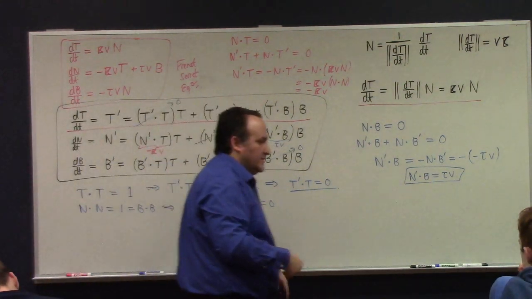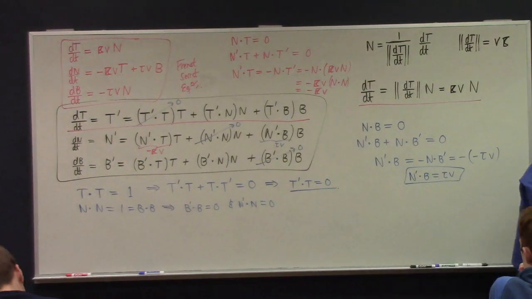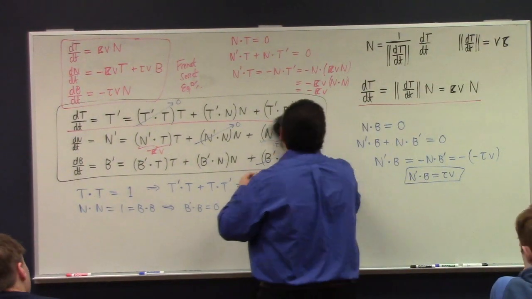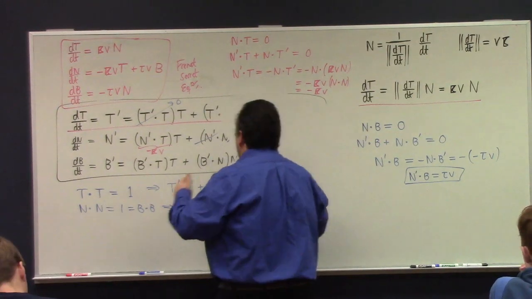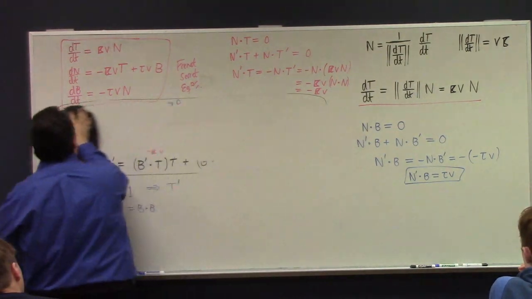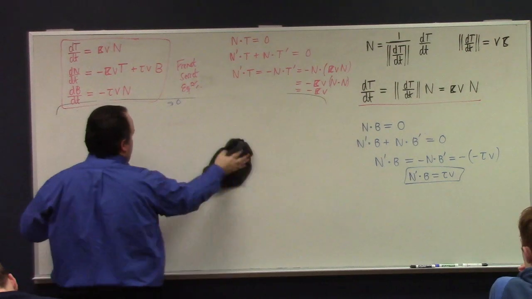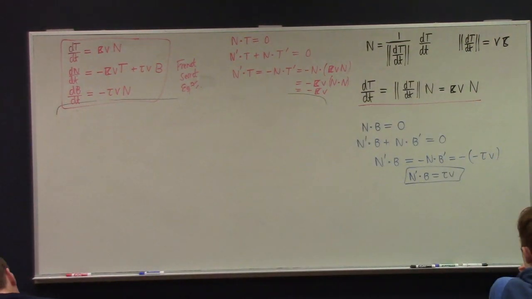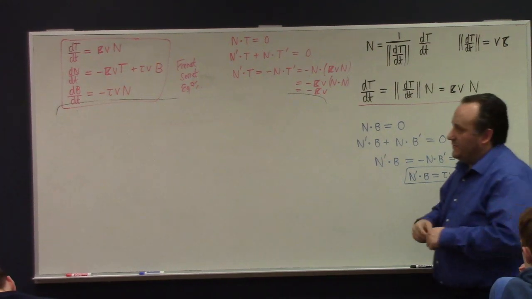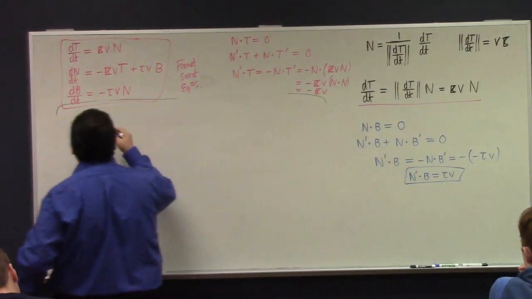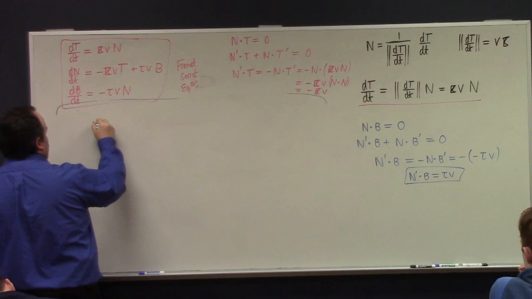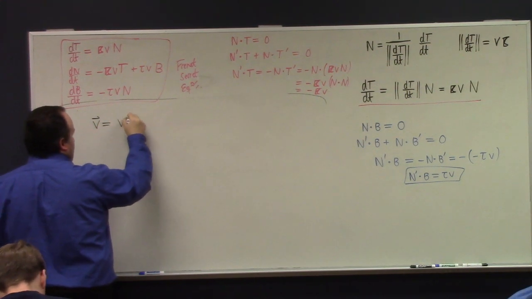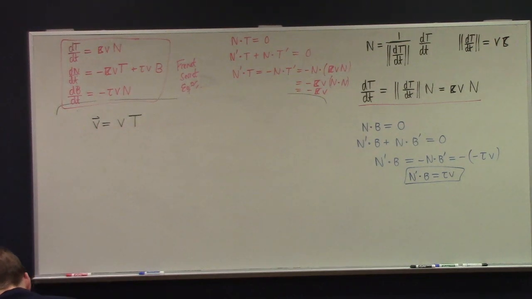Now I want to use those to finish here by talking about acceleration, because it would be a shame to not talk about acceleration in this discussion, since we have everything we need to understand it. So acceleration is what? Well, velocity is what? Velocity is equal to the speed times the unit tangent.